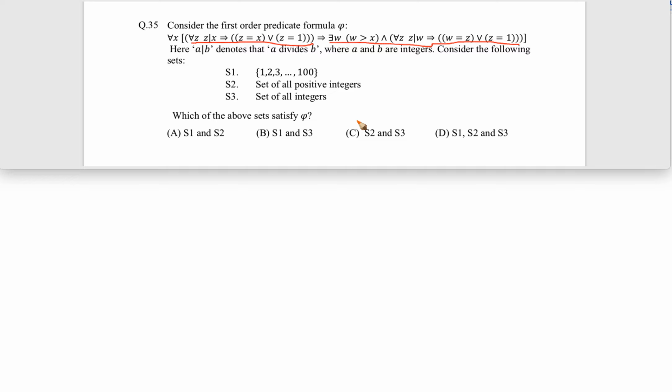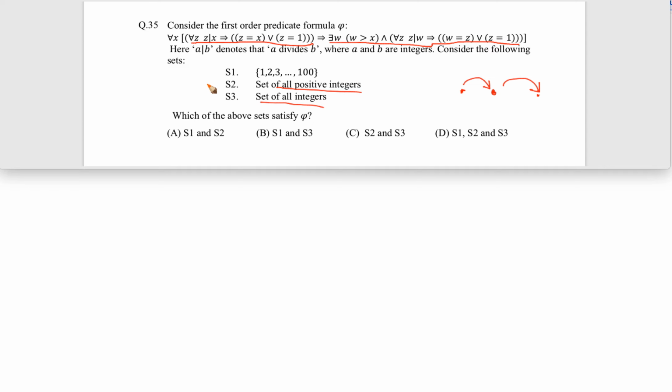This is definitely only true when we are having infinite sets, something like the set of all integers or the set of all positive integers. If I give you any prime, you can always find another prime in that infinite set which is bigger than that. If I give you that prime again, you can find another one bigger than that, right?